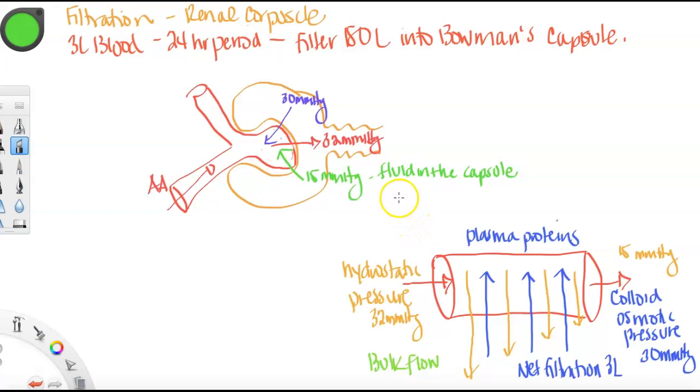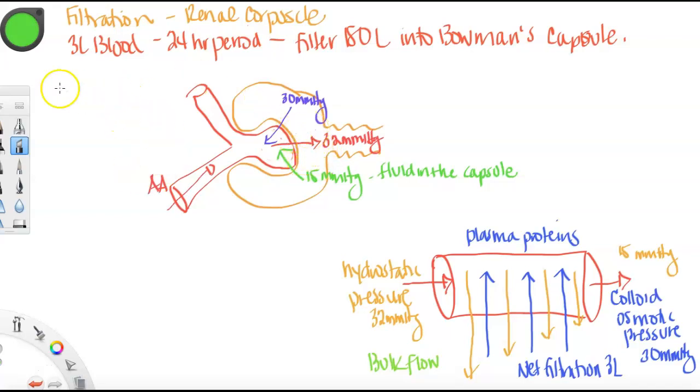So just looking at this, we've got more going into the glomerulus than coming out. That doesn't make for a very efficient filtration. It makes for basically no filtration.